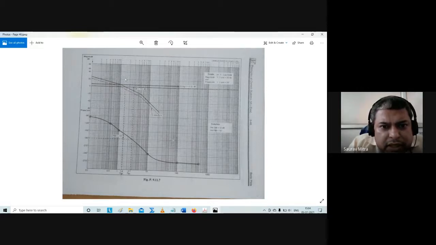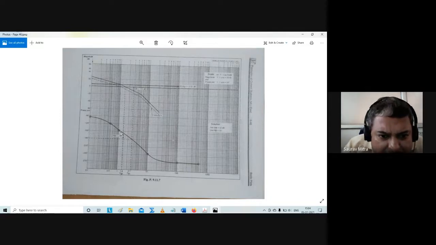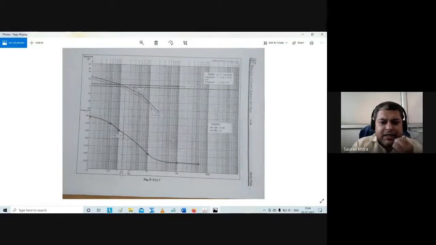Somewhere around 1.4 or 1.5 is the gain crossover frequency. This we have to remember, that is omega GC. Here it is written that the gain crossover frequency is 1.4 radian per second. So this is one thing we can find out from the amplitude plot.